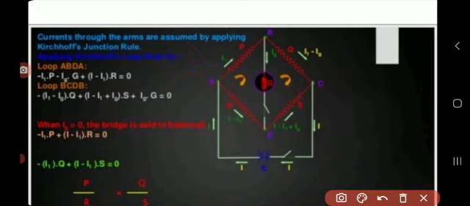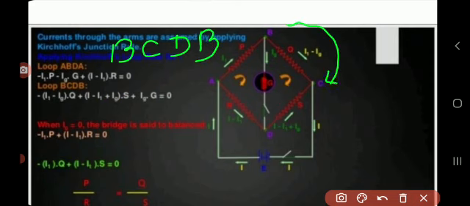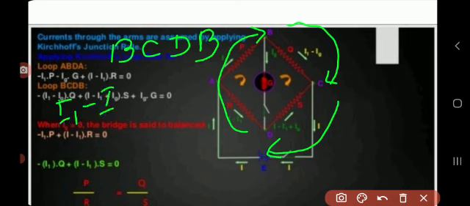Now we are considering another circuit, BCDB. It means we are moving from B to C, then C to D, then D to B. In that case, first the direction of the current and our movement is the same. So (I1 minus Ig) into resistance Q is taken positive.